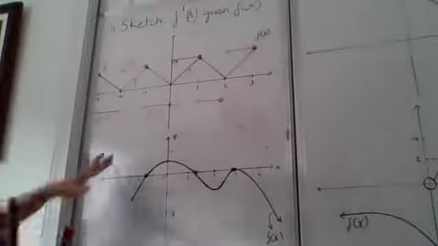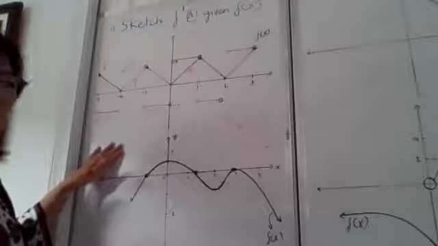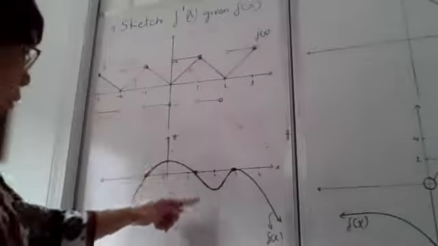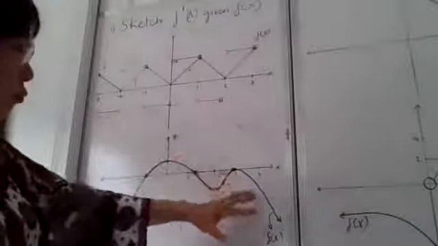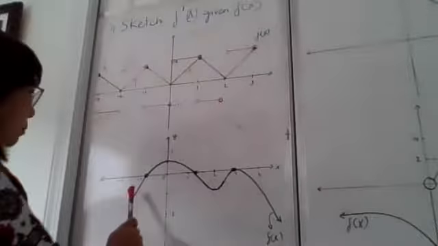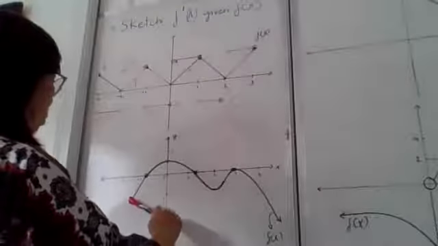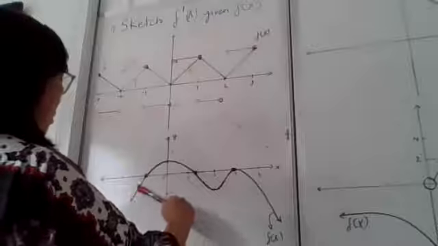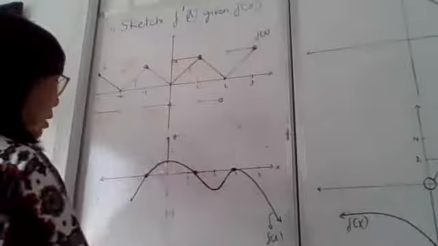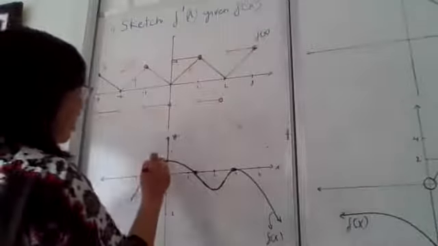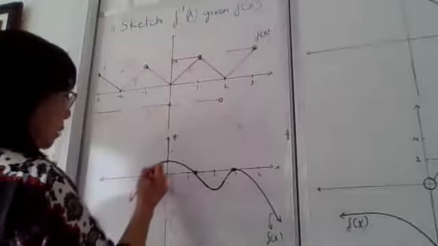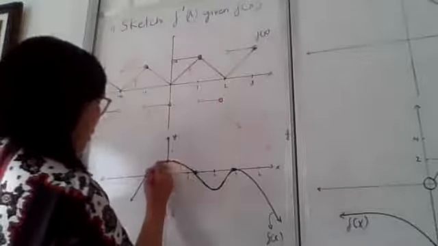Now, let's take a look at the second draft. In our second draft, we have a curve, right? So let's pay attention to the way the curve is going. So this is the function increasing. And at this point, it goes from negative, but goes up and becomes positive.